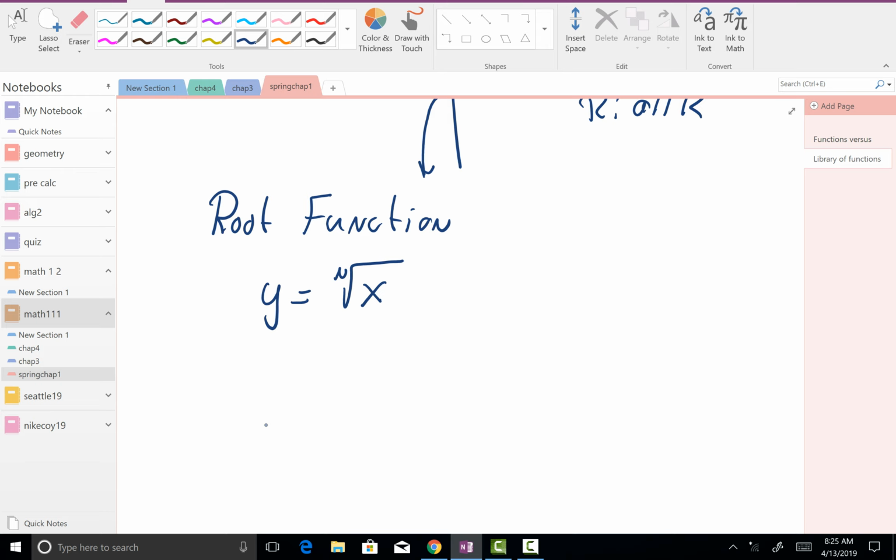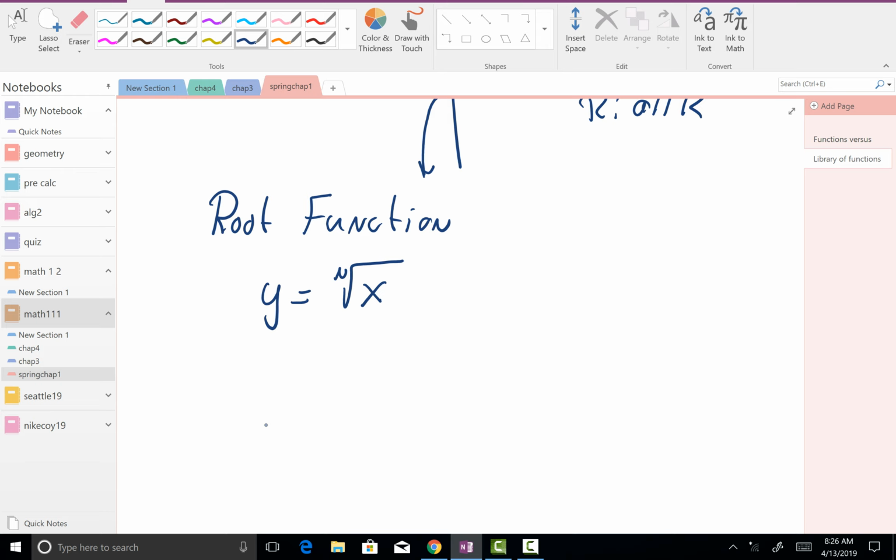Let me get rid of this. To get to the roots, I'm going to go to miscellaneous over here, and this one right here, and I'm going to put an n in there, and then put an x here. We'll add a slider.